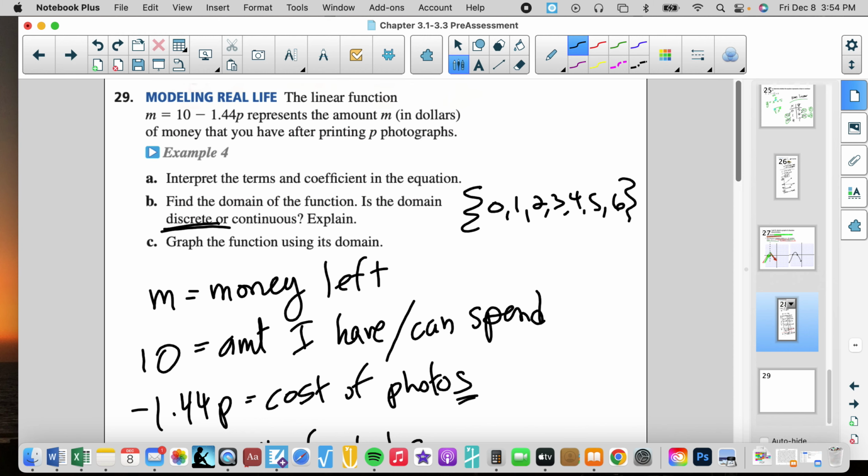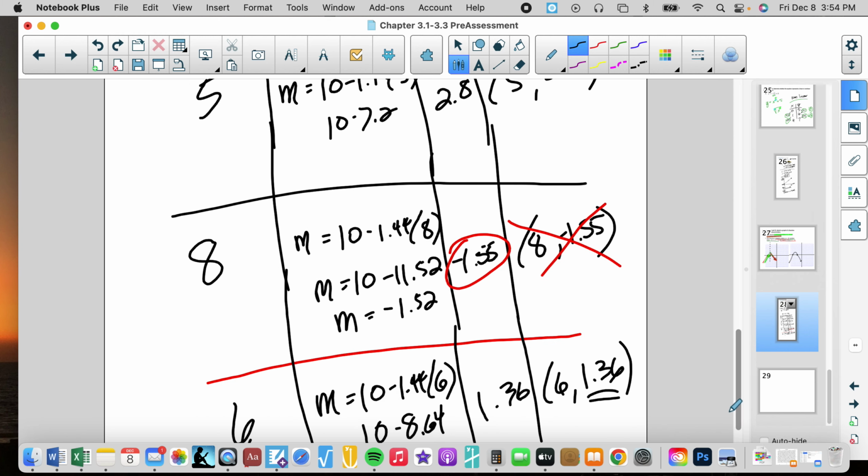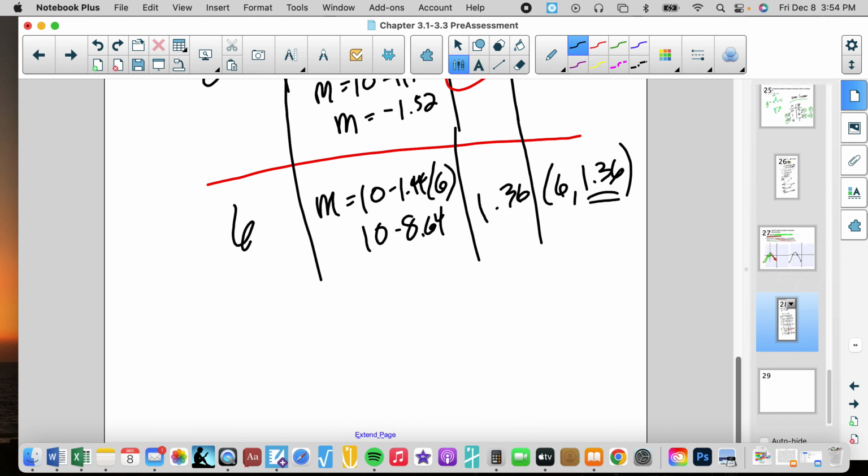Graph the function using its domain. So we would need to plug in each of the points. We would have photos and leftover money. So at 0 photos, we would have $10. So that would be a point. And then down here, we would have 6, and we would not be at 0.